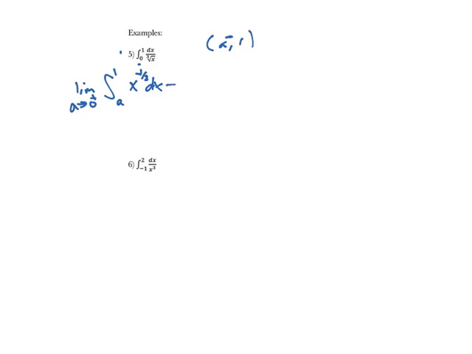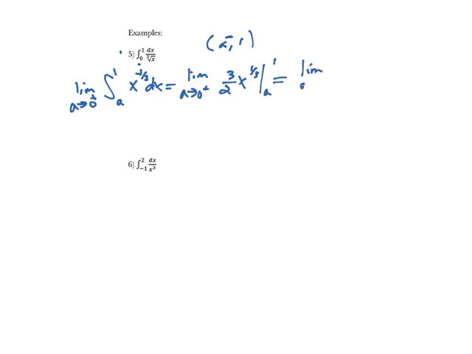So when I integrate x to the negative 1/3, I still need my limit in here. Negative 1/3 plus 1 is 2/3, divided by 2/3, or 3/2 times x to the 1/3 from a to 1.